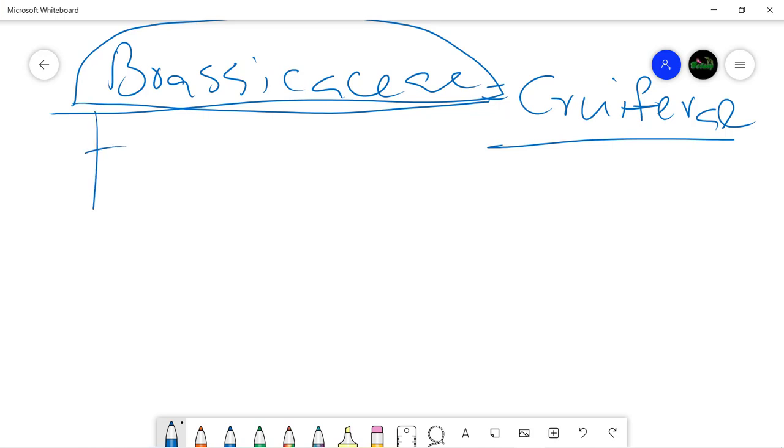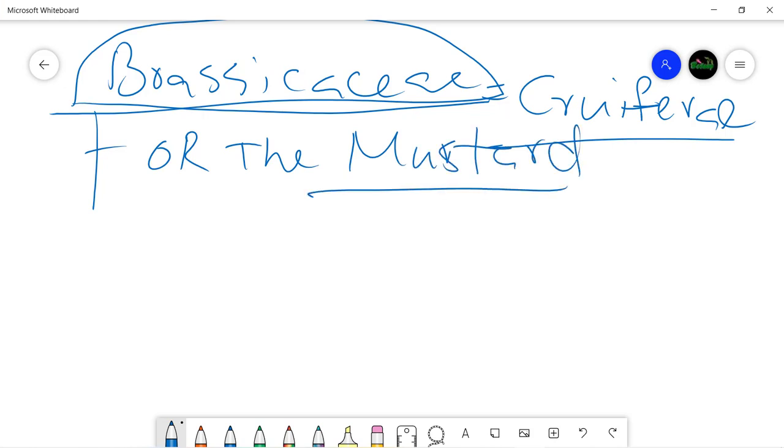Brassicaceae family, or the mustard family, because its type genus is a famous plant and it is very widely grown or cultivated as a winter crop throughout the area, the Brassica rapa or Brassica campestris.